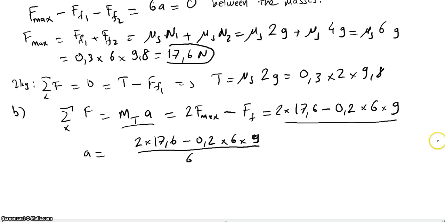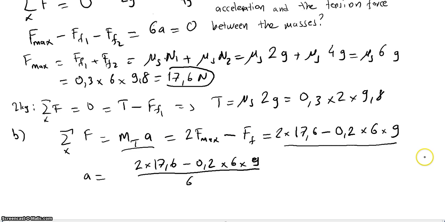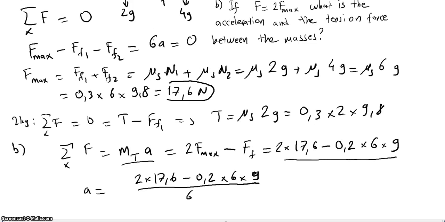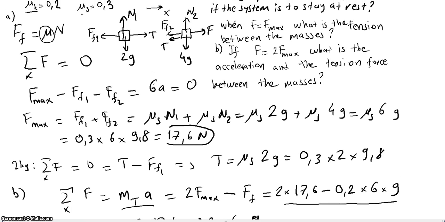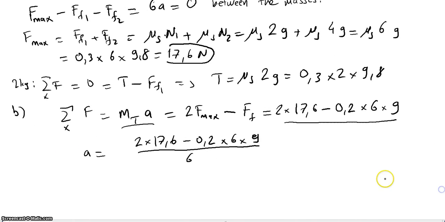The next question is, in this case, what will be the tension? For the tension, again, we can simply use Newton's second law for the 2 kilogram body: T minus the force of friction on the 2 kilogram body is equal to 2 times A.